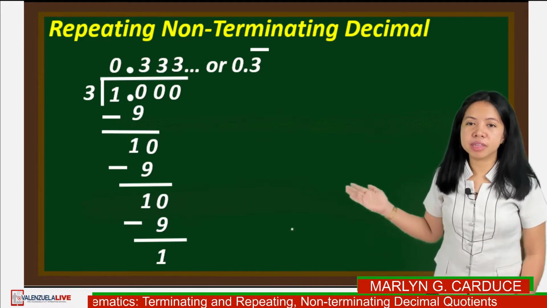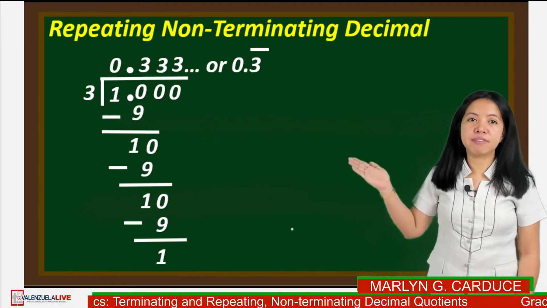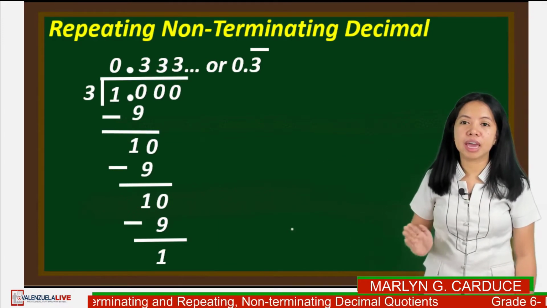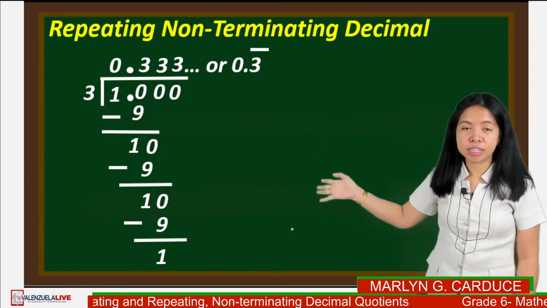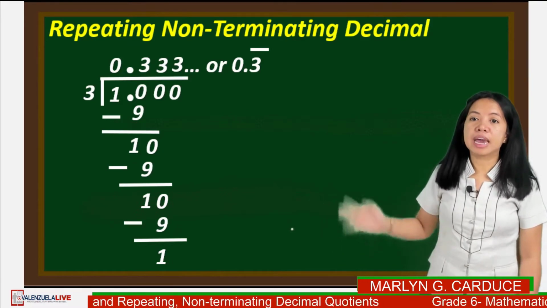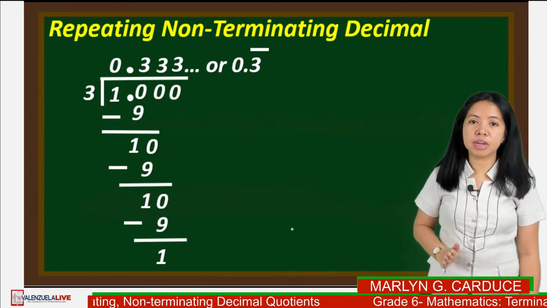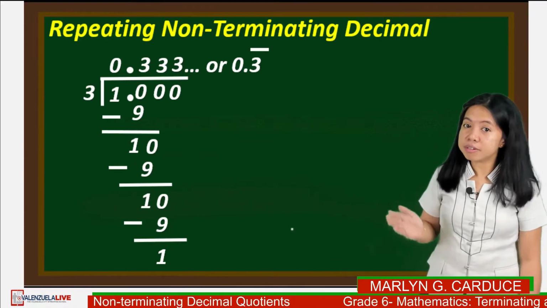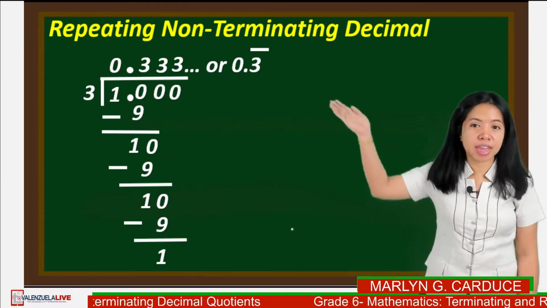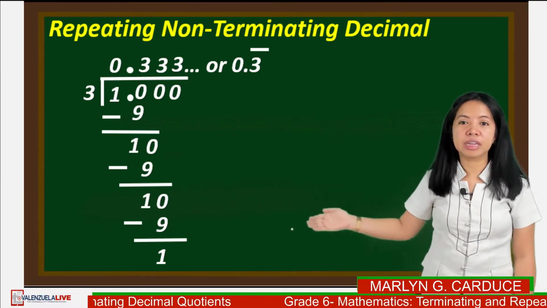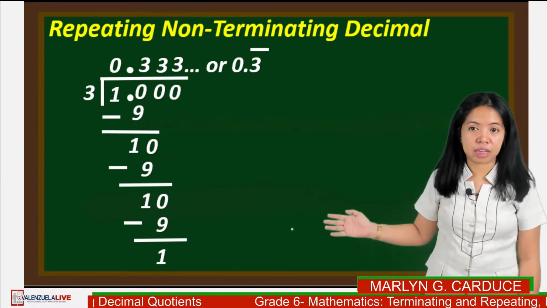So like the given in the problem, when we divide 1 by 3, there is a repeated pattern in the solution, and we cannot obtain 0 as our remainder. As we write another 0 in the dividend, the quotient we get does not end.